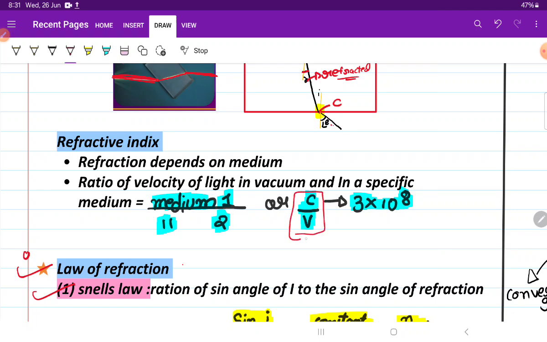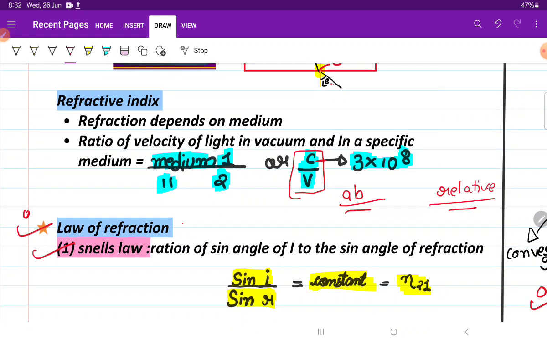C upon V, you can also write like this, C upon V. Okay, students, there are two types of refractive index, absolute and relative index. Absolute refractive index.